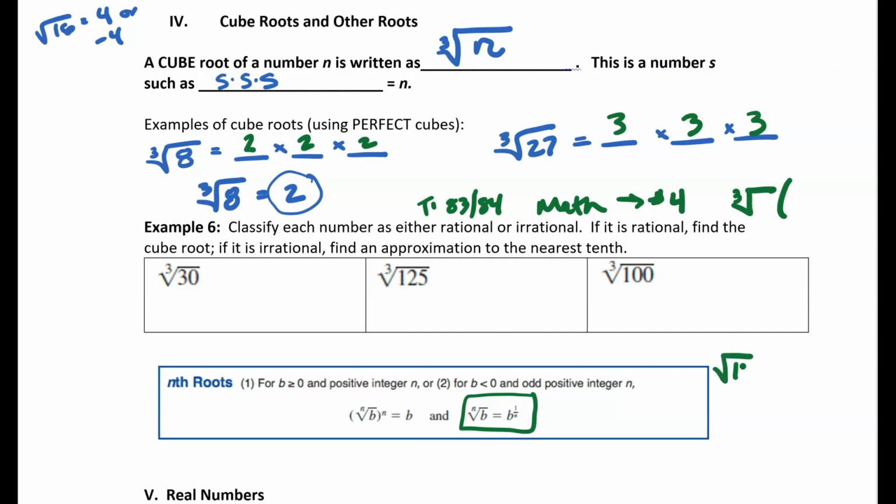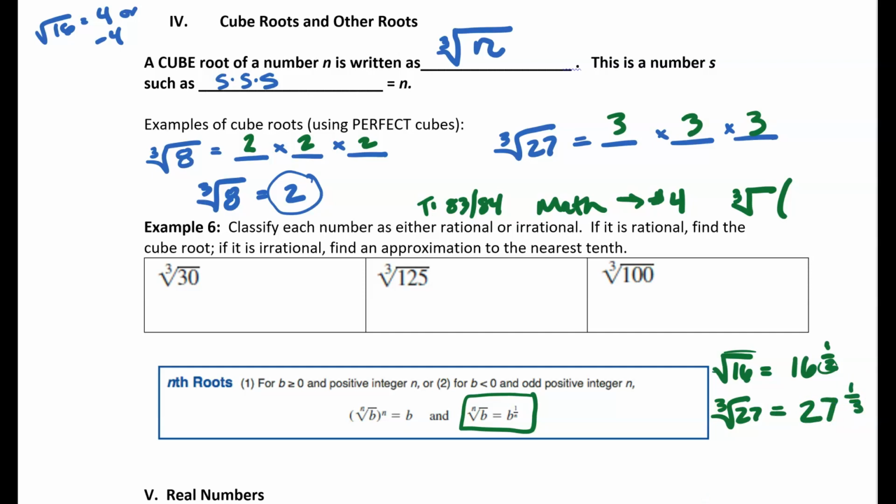The square root of 16 is the same thing as 16 to the 1/2 power, because the 2 in the denominator of the fraction corresponds to the square root. If we want to take the cube root of 27, that's the same thing as 27 to the 1/3 power.